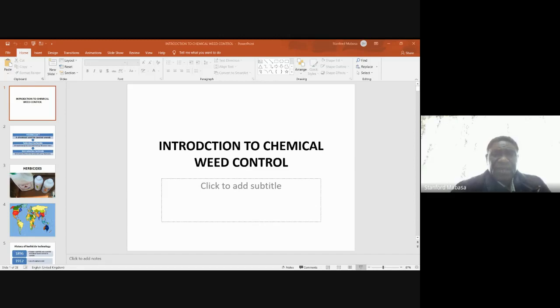So you can have like acetochlor 900 EC, it's a herbicide. This is a very poisonous herbicide. It's represented by that orange triangle.